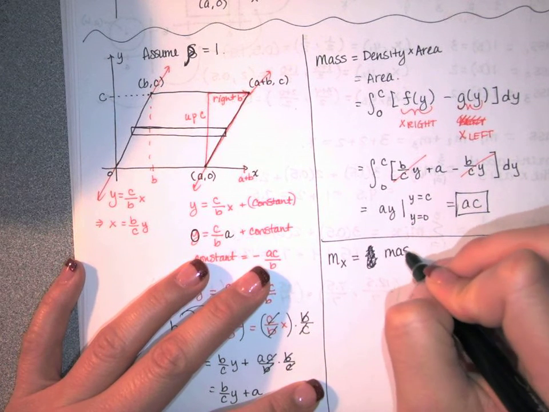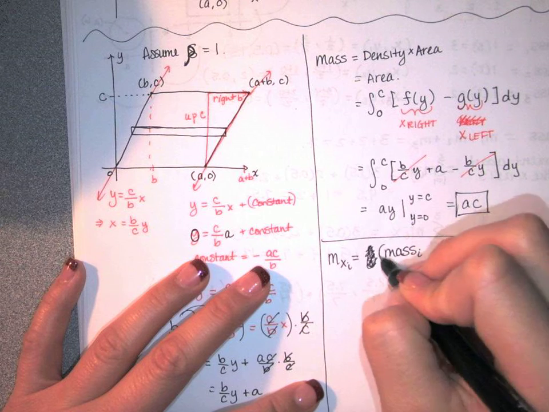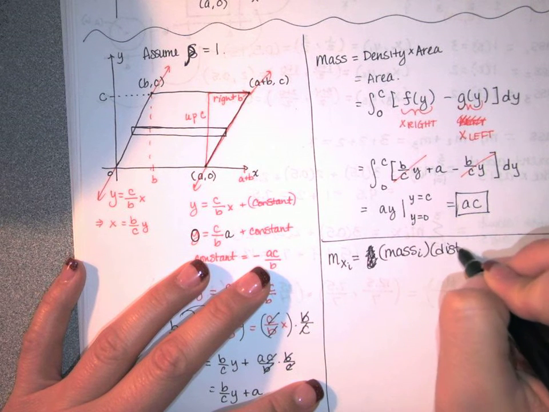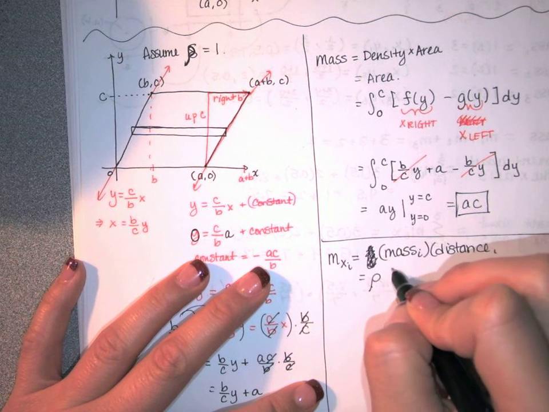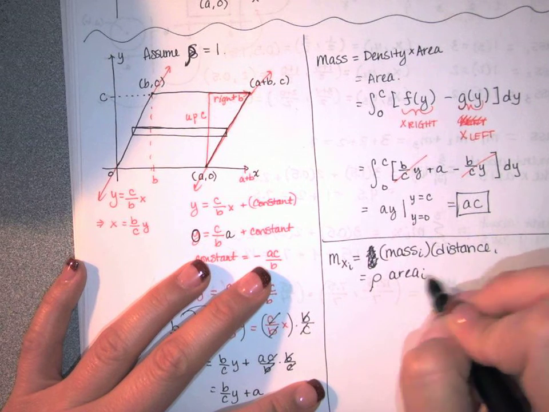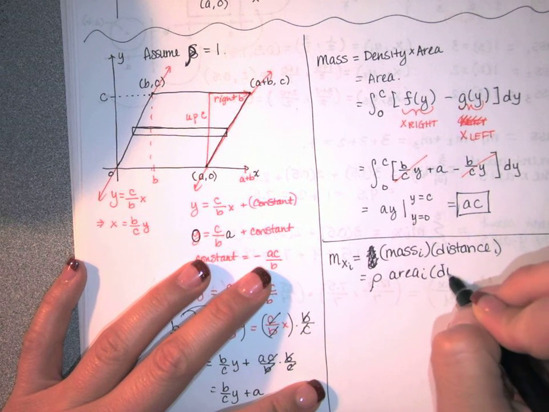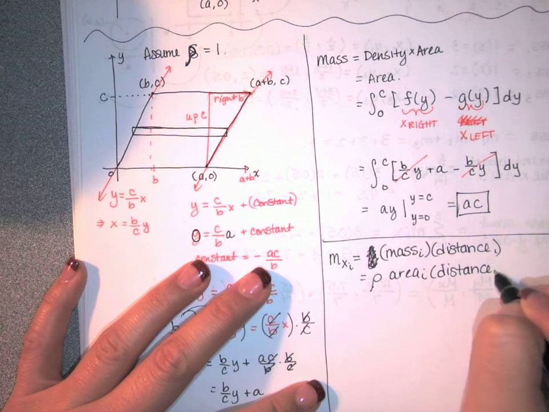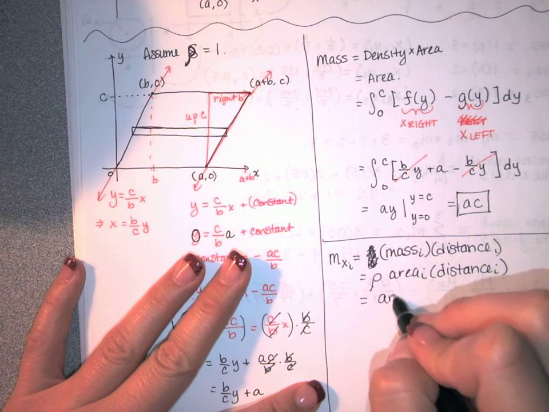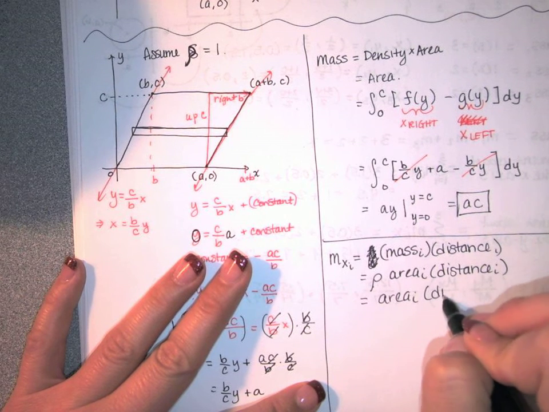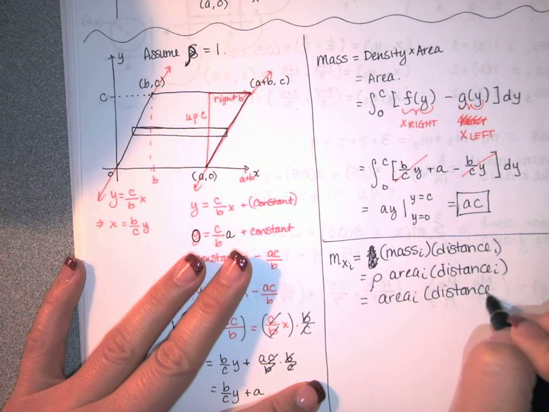This is going to be mass times the distance to the x-axis. And we have density times area times distance to the x-axis. That'll work. And our density is 1, because we're just assuming that it's 1 to make it simple. So we've got the area formula times our distance.